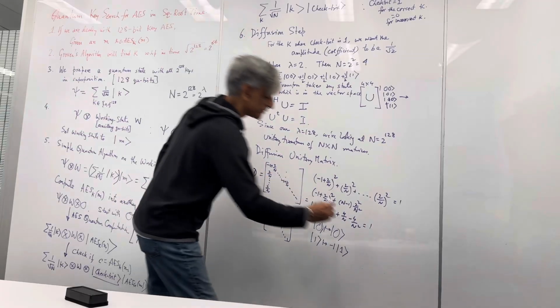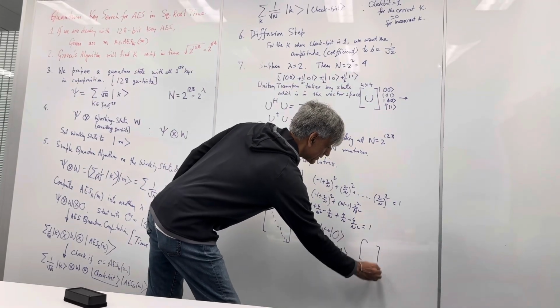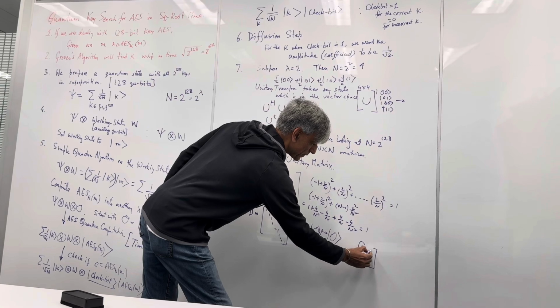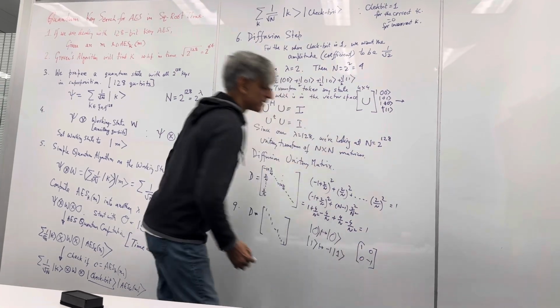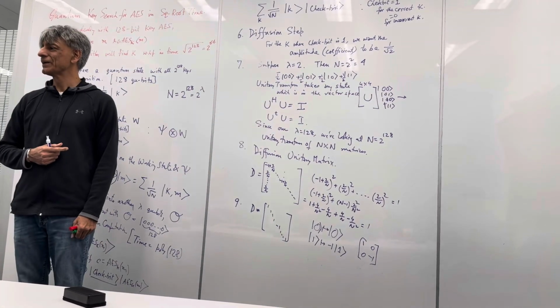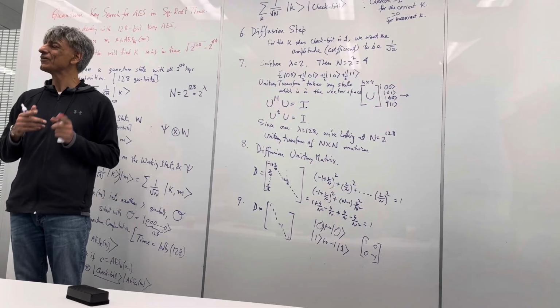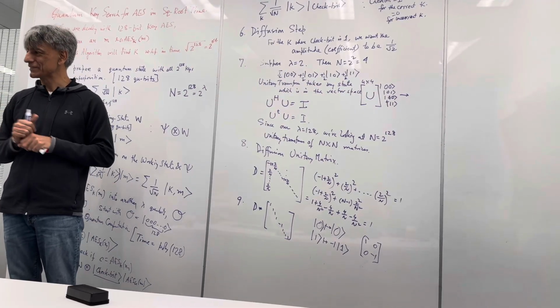Because look at its matrix. It will take the 0 state to 0, and the 1 state to coefficient minus 1 in the 1 state.